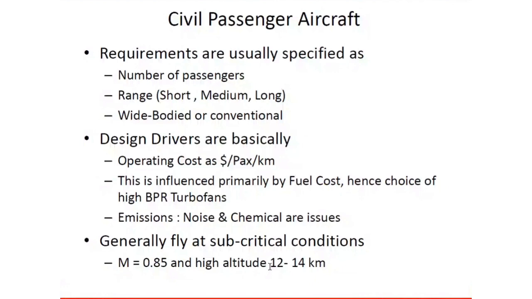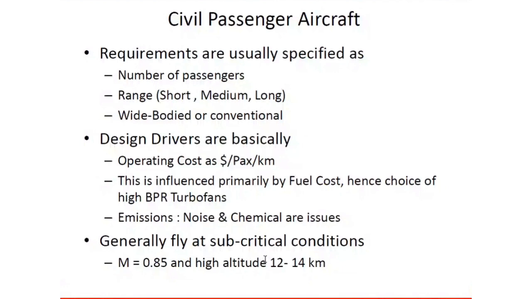But as a ballpark number, around this altitude you have the best possible flight condition, meaning minimum drag and most efficient, if you fly at 0.85 or slightly less with no shock waves. So for passenger aircraft, the requirements will come like this.